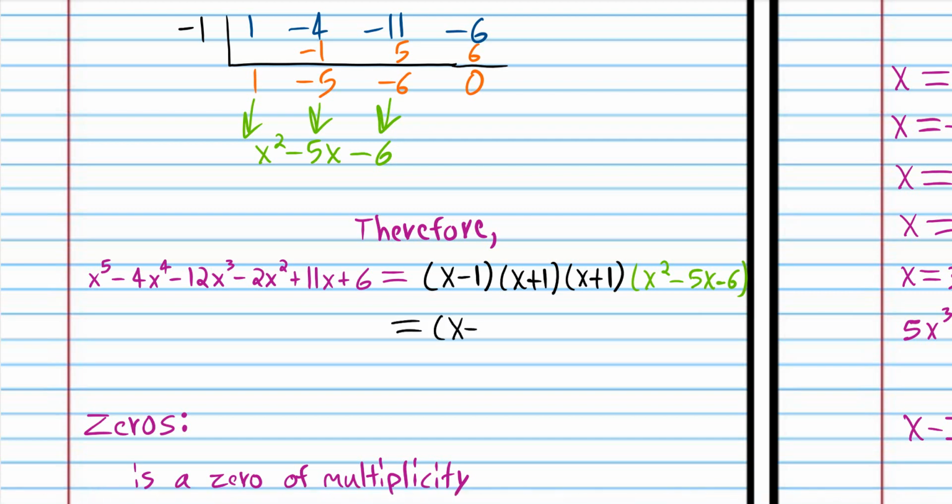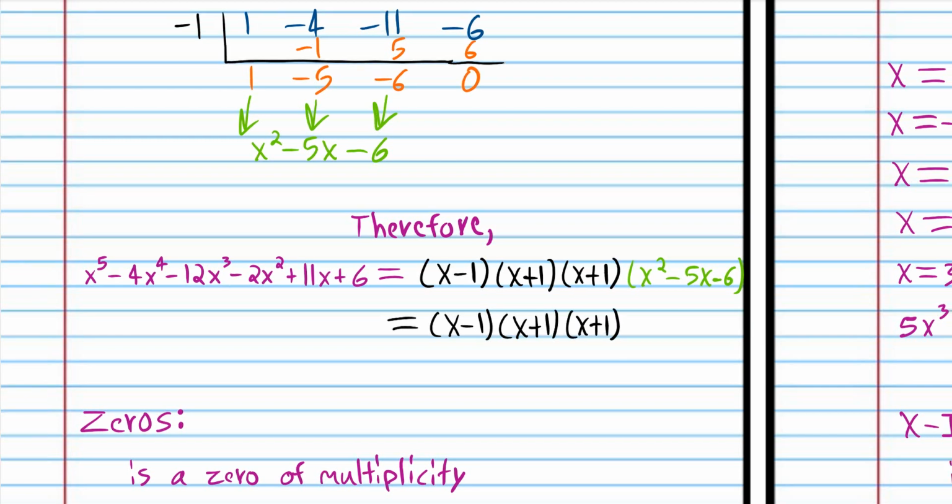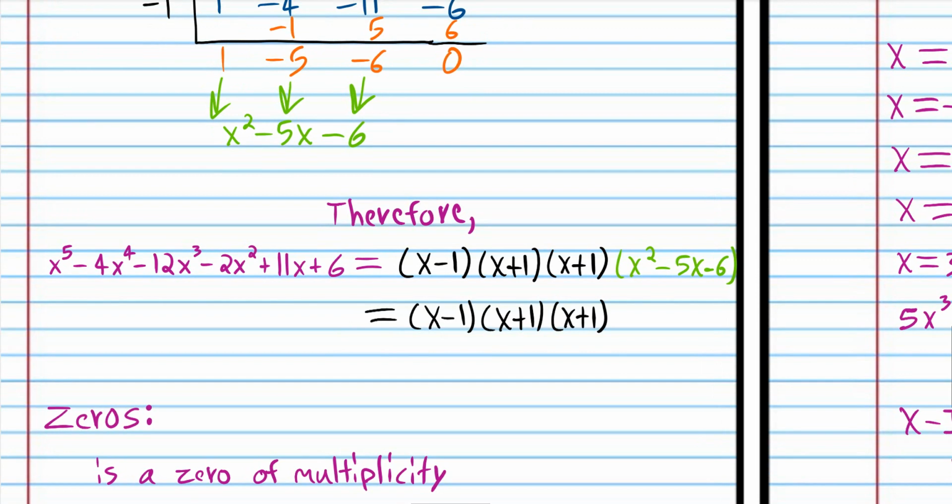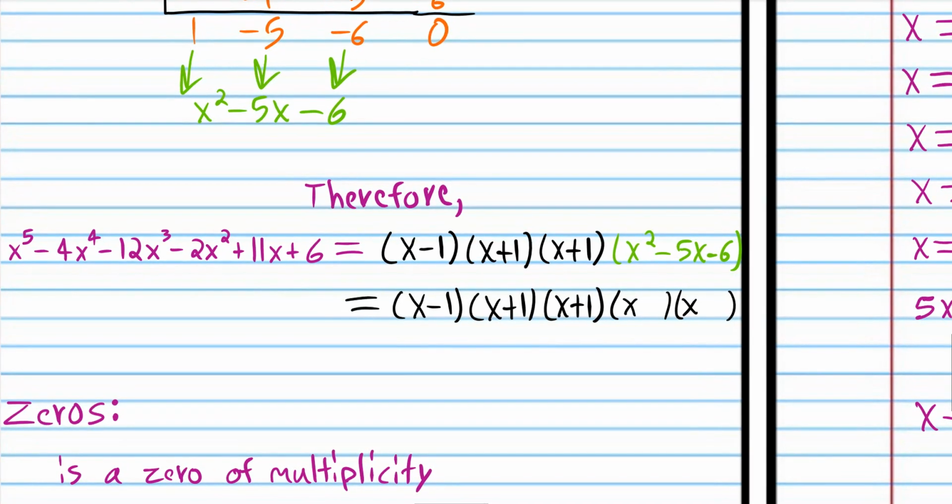So now, let's factor that green quadratic. So what two numbers multiply to -6 and add up to -5? That's going to be -6 and 1.